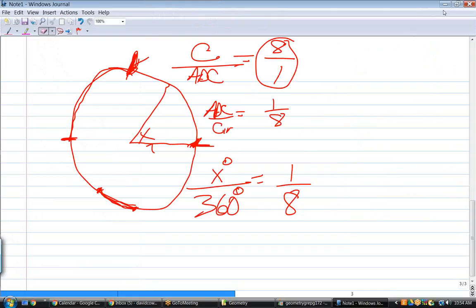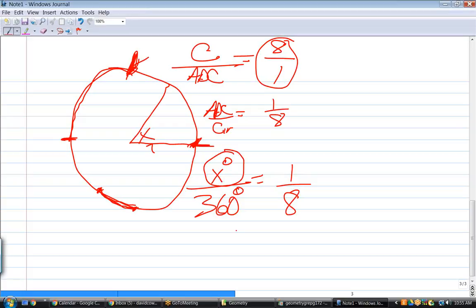Let's go over something. Just because you can cross multiply doesn't mean you should. The reason is that I'm trying to solve for x. Why multiply by 8 when the next thing I'm going to have to do is divide by 8?